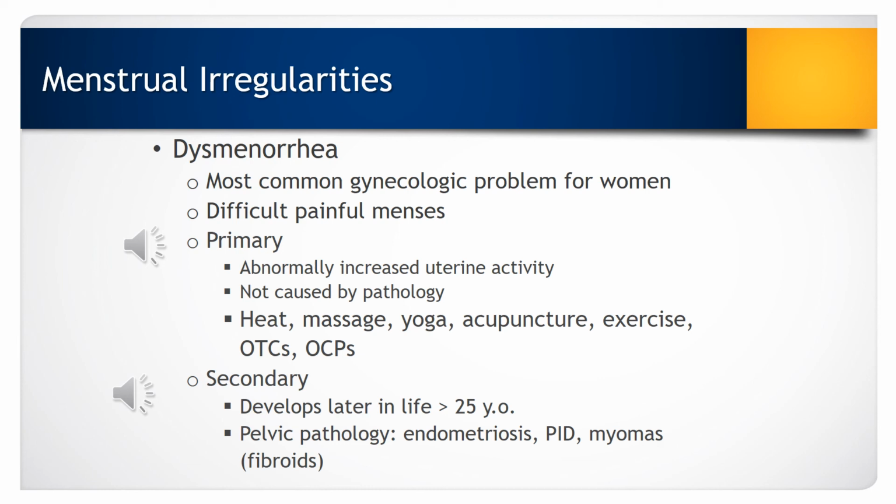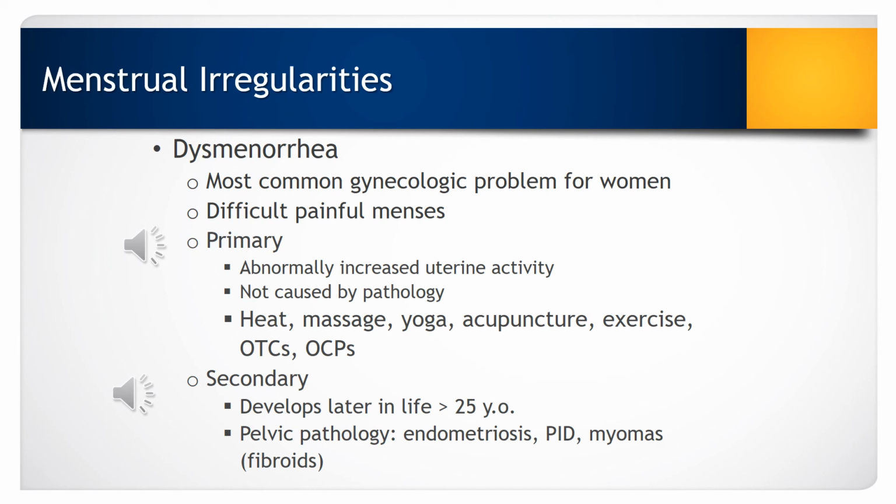Heat, warm soaks in the tub. Exercise has been shown to help. Oral contraceptives, and we'll get into that when we get into that module about hormonal contraception. And other things like acupuncture or yoga can also help.